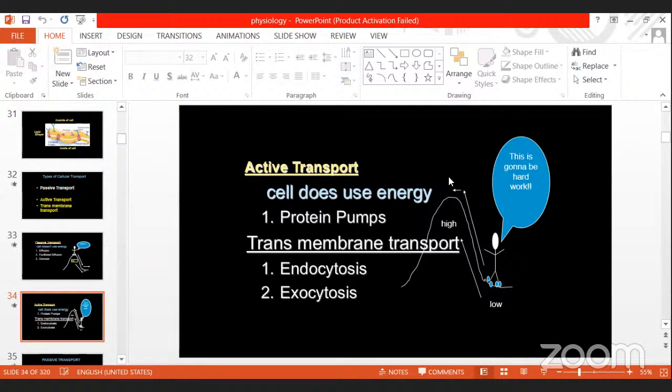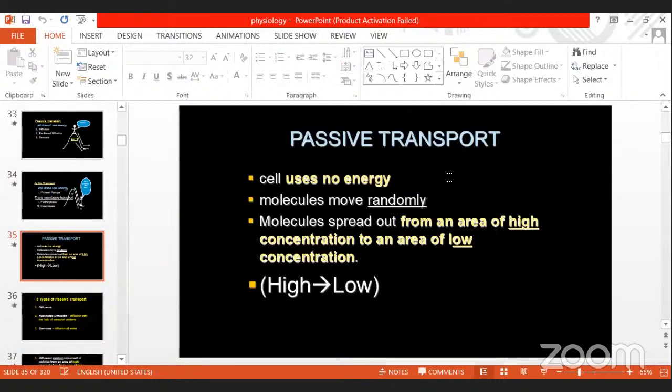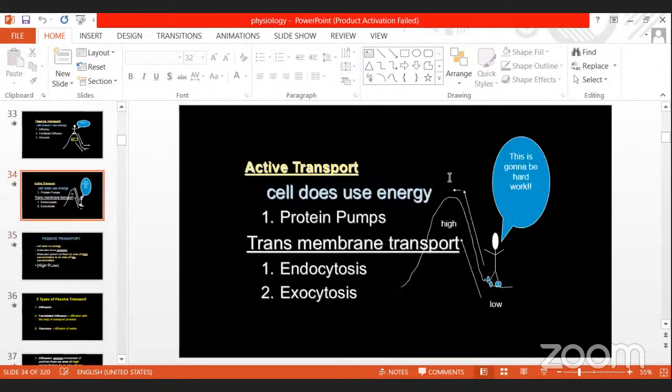And transmembrane transport includes endocytosis and exocytosis, which is membranous transport. Transmembrane transport does not use energy. So the transport which uses energy is only active transport. Passive transport and transmembrane transport don't use energy.